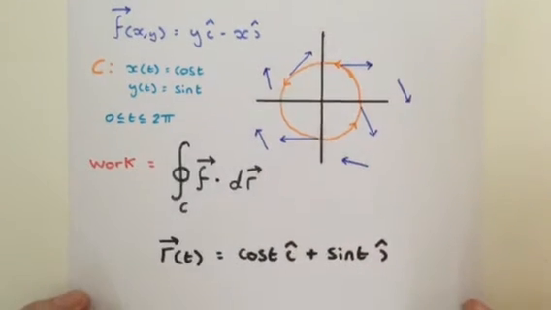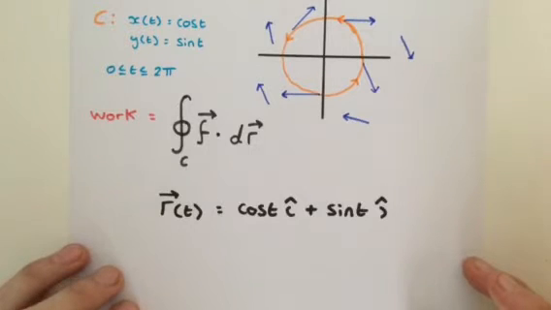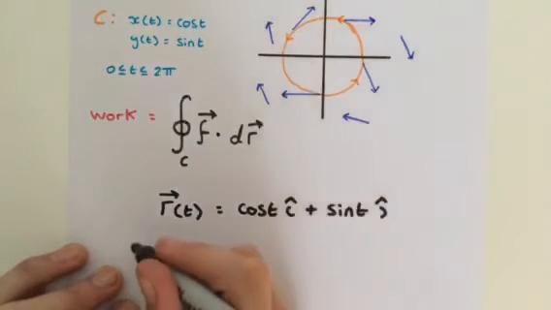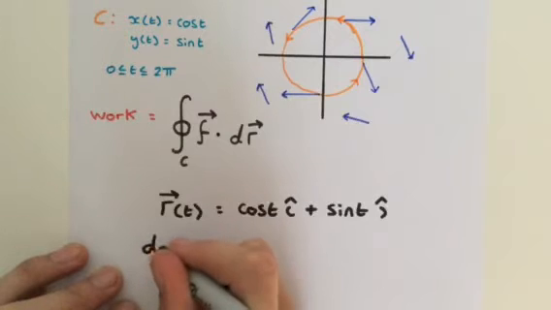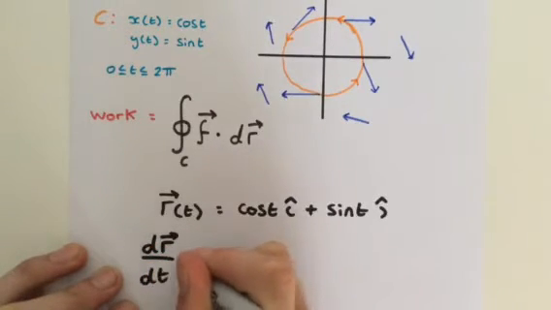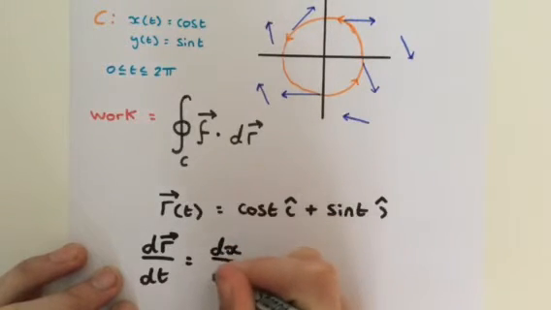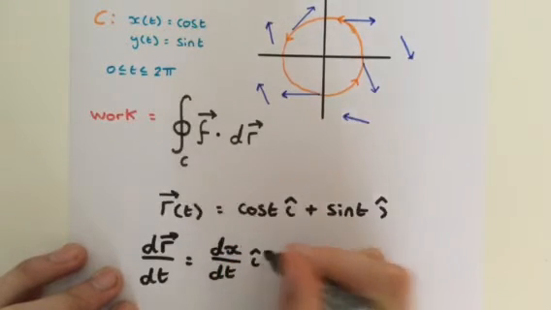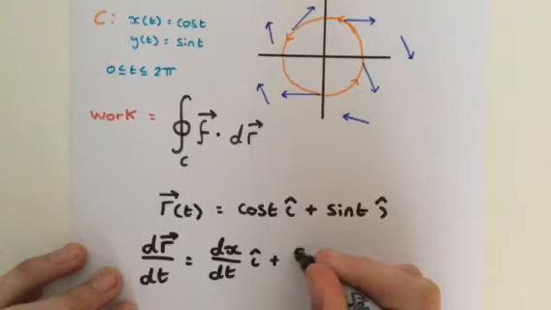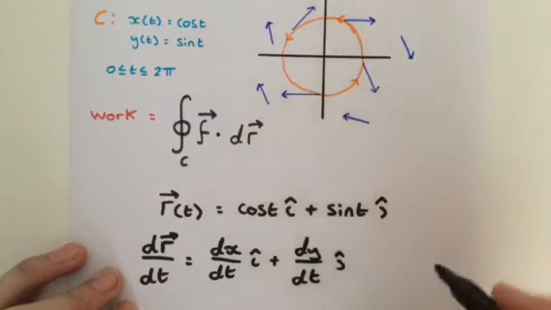But we have dr. So how do we calculate dr? Well, we know how to calculate the derivative of a vector valued function. So let's calculate the derivative. We have dr by dt. This is going to equal the derivative of x multiplied by i plus the derivative of the y component of r with respect to t times j.